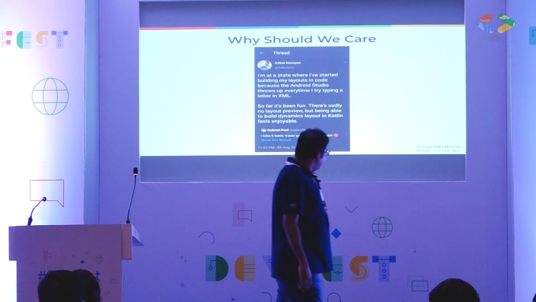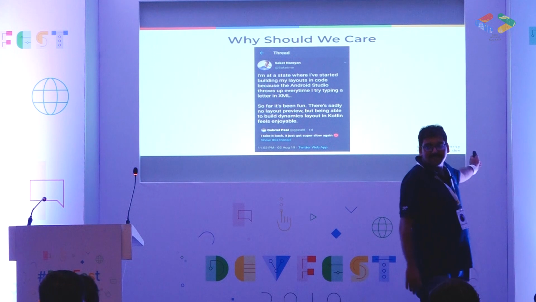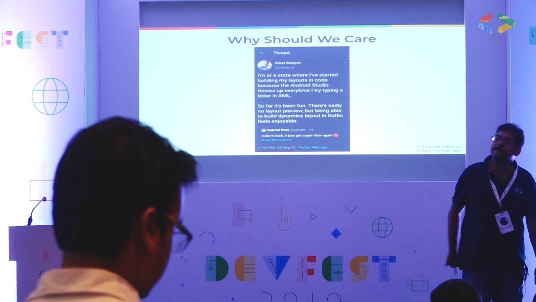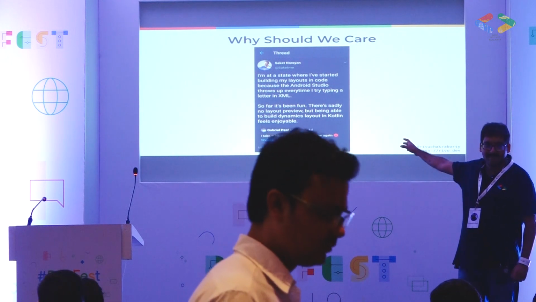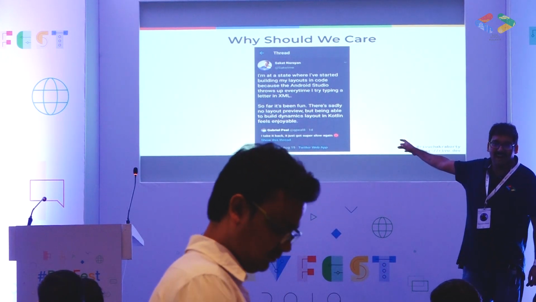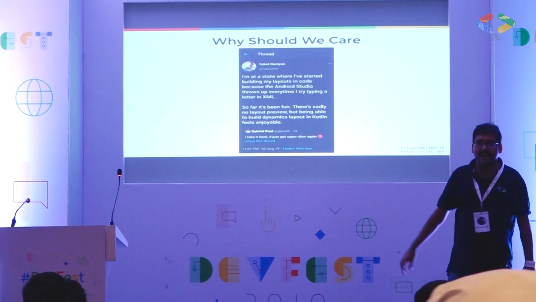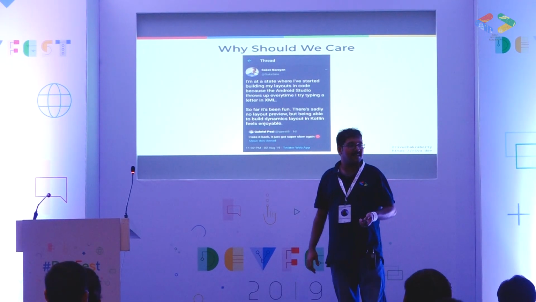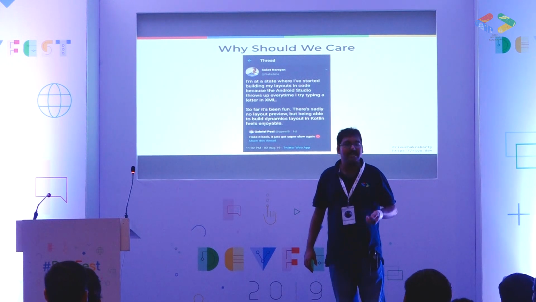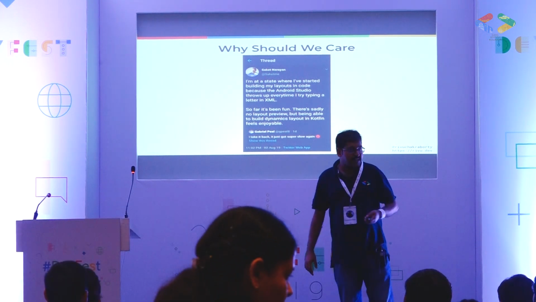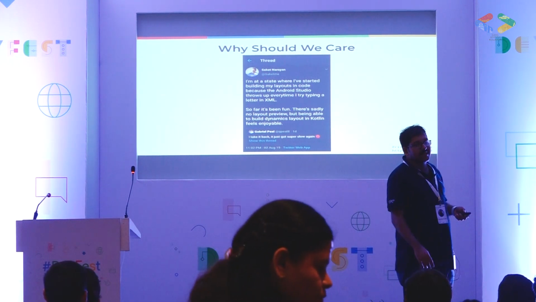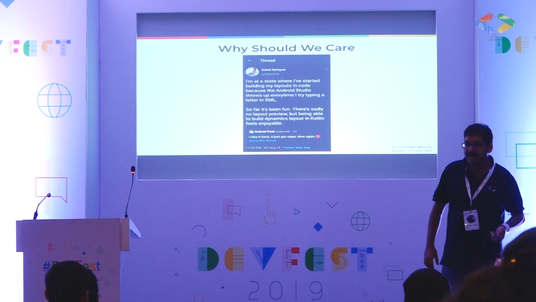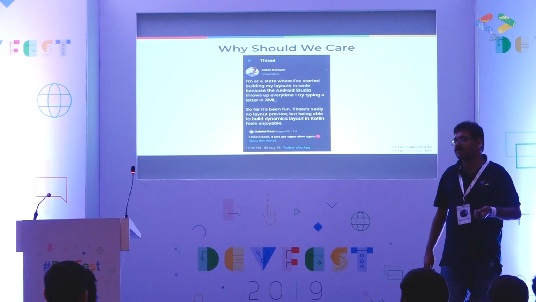Can you see the text? I think it's also visible for people in the back. This is a tweet by Saket Narayanan. Have you heard of Saket Narayanan? He is an Android GDE from India. He recently moved to Canada to work for Square. Now don't tell me that you haven't heard of Square.